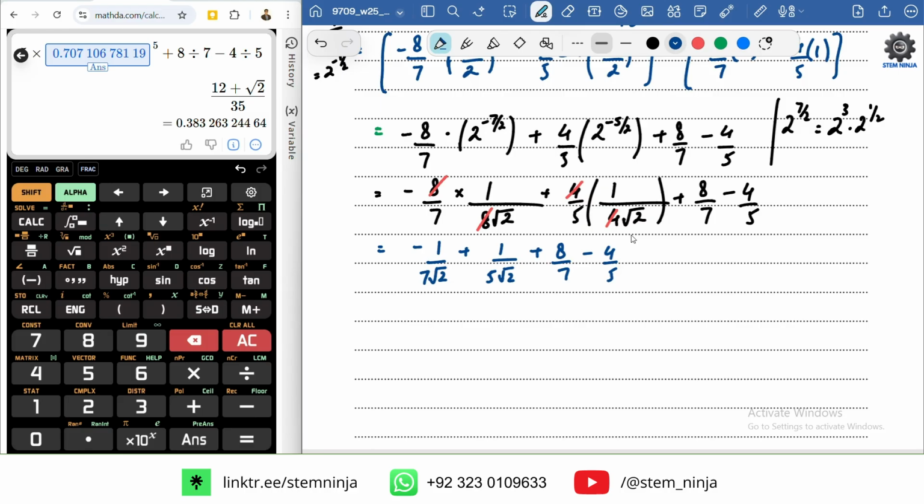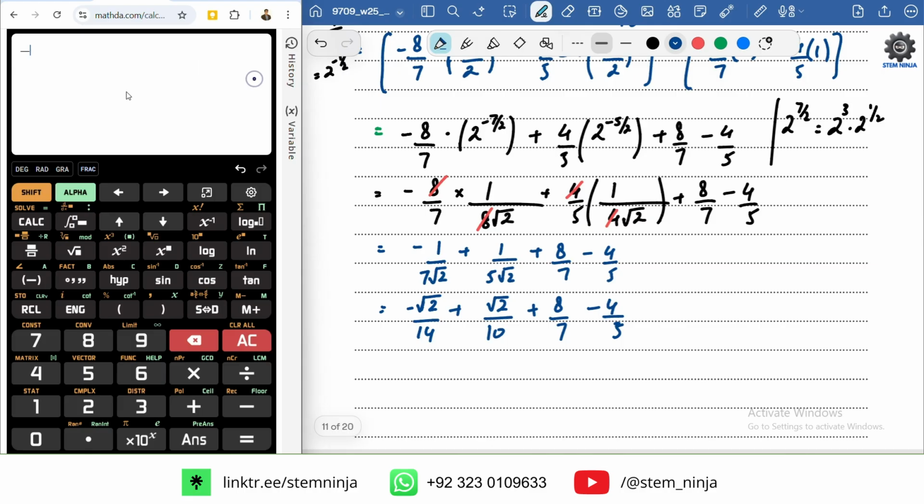Now it's up to you how you can actually handle this. You can further go with root 2 like that. So minus root 2 over 14, 7 times 2, and this one would become root 2 over 10, plus 8 over 7 minus 4 over 5.